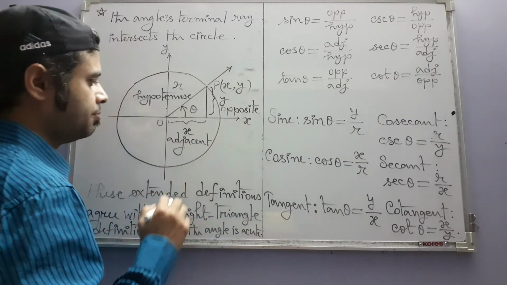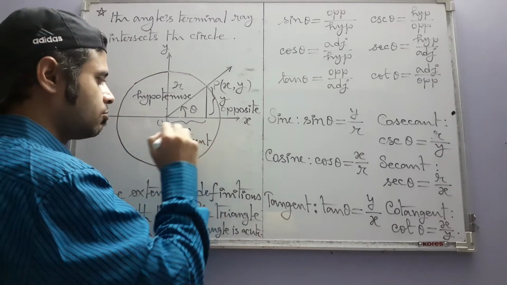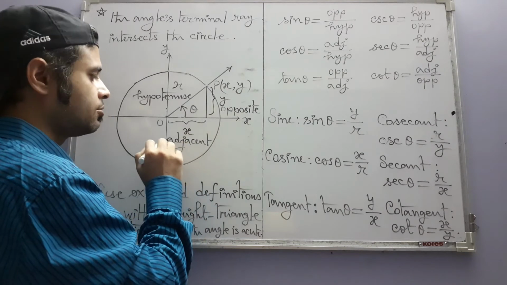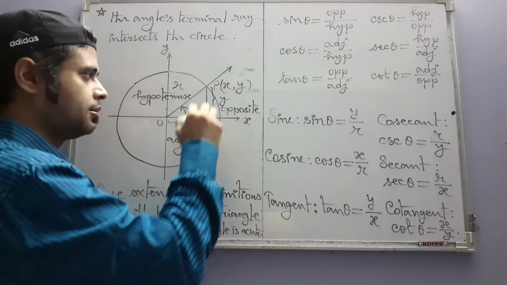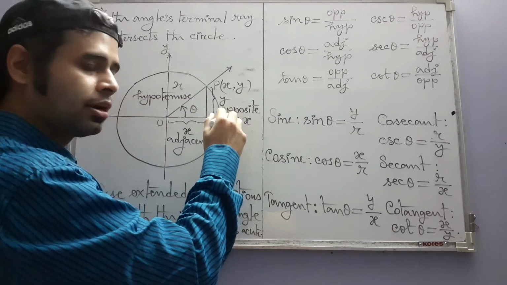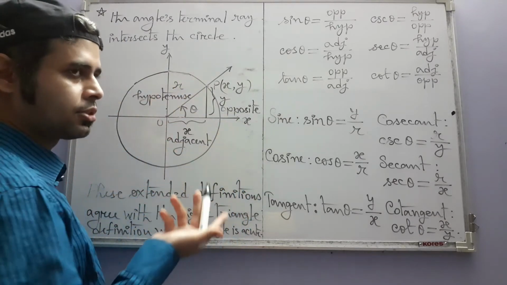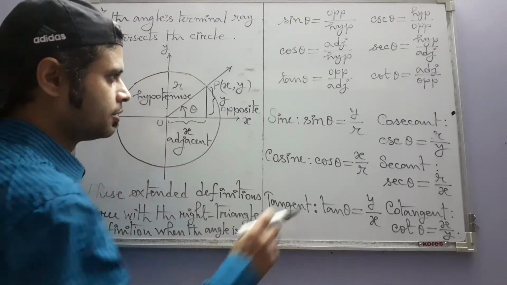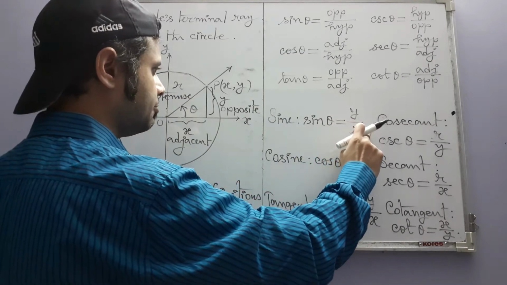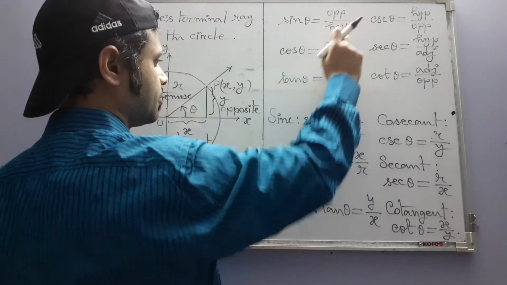So the x coordinate is equal to the length of the adjacent side, the y coordinate is equal to the length of the opposite side, and r is of course equal to the hypotenuse. So opposite divided by hypotenuse, that is sine theta.